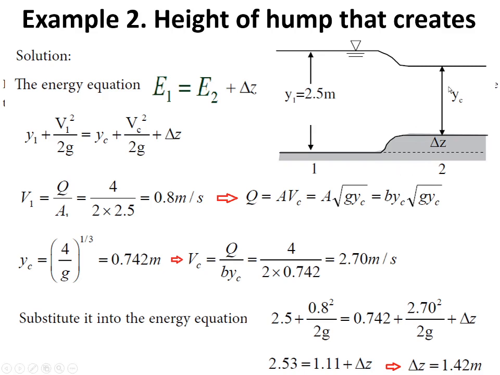So I can easily find yc because this is a rectangular cross section, and I know that yc equals the cubic root of q, or you remember q is the unit discharge, over g.